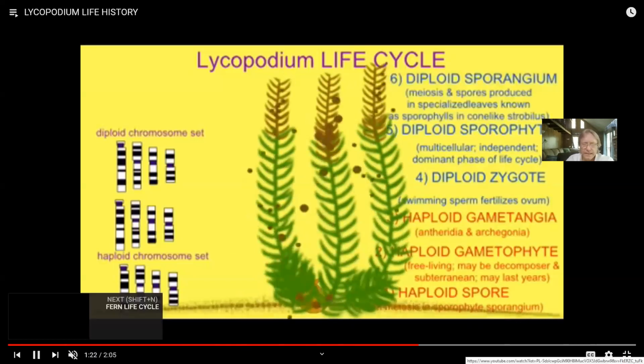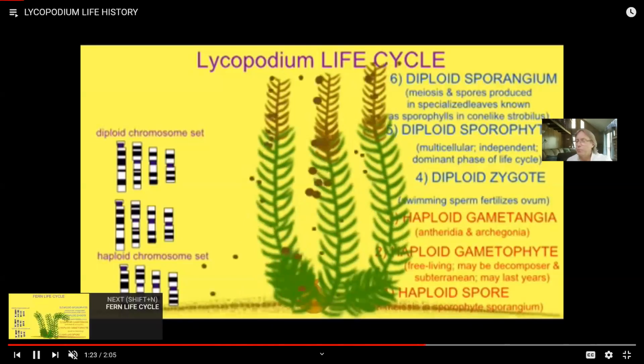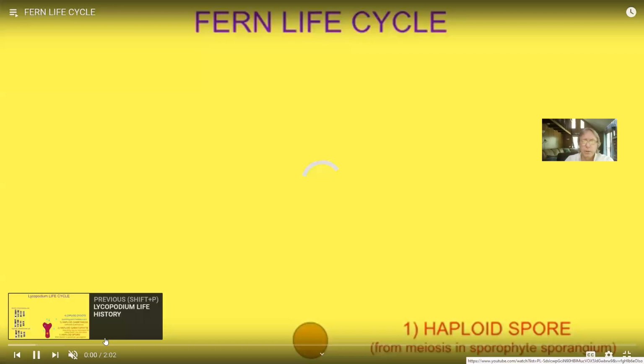cycle can begin again. So I'm going to focus more on ferns, which students have a bit more familiarity with. But once again, as we look at the balance between the gametophyte and the sporophyte, lycopods are interesting in that you could argue that it's close to the two representing equal portions of the life cycle.